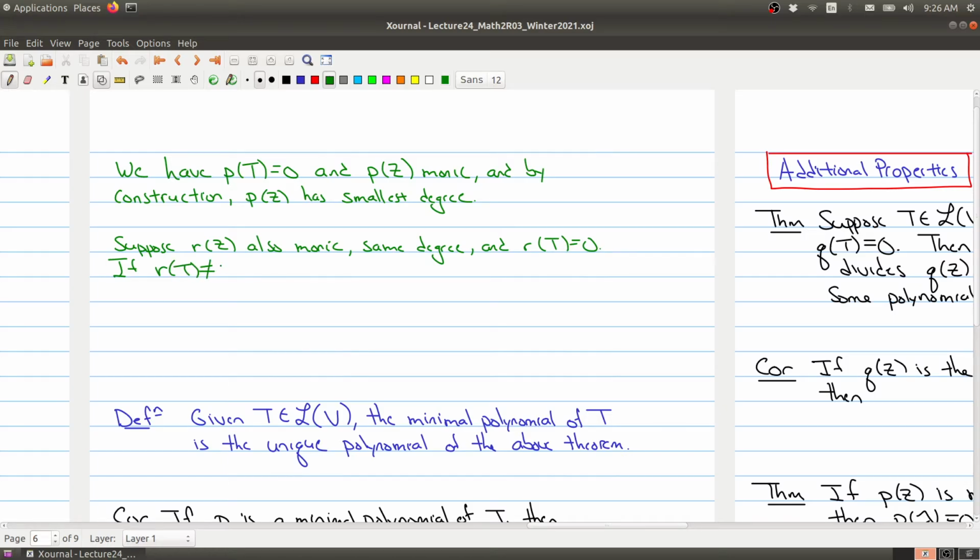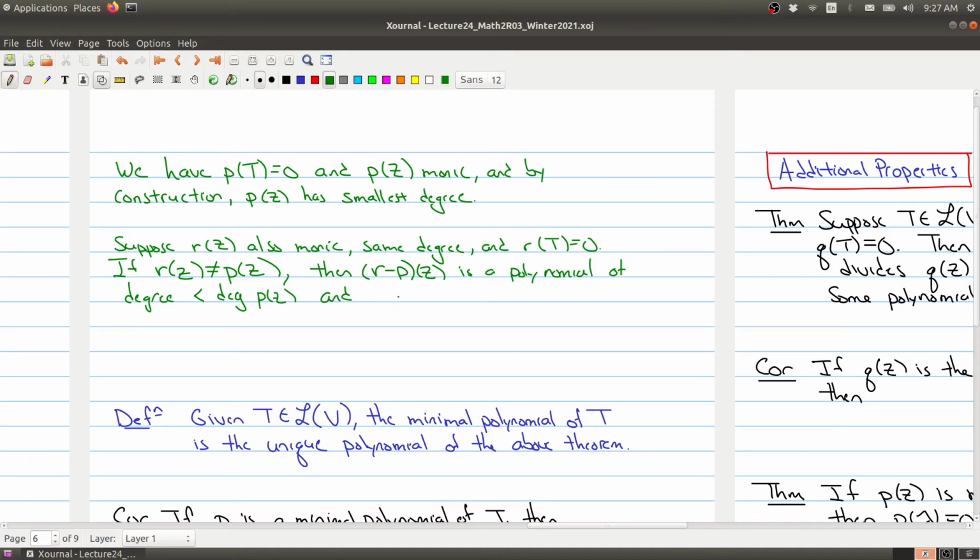If r(z) does not equal p(z), if these polynomials are different, then when you subtract them, you get a polynomial of degree strictly less than the degree of p(z), because both polynomials have the same top term and they cancel each other off.